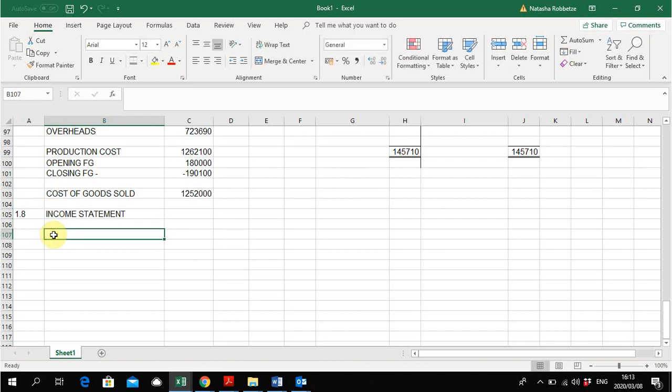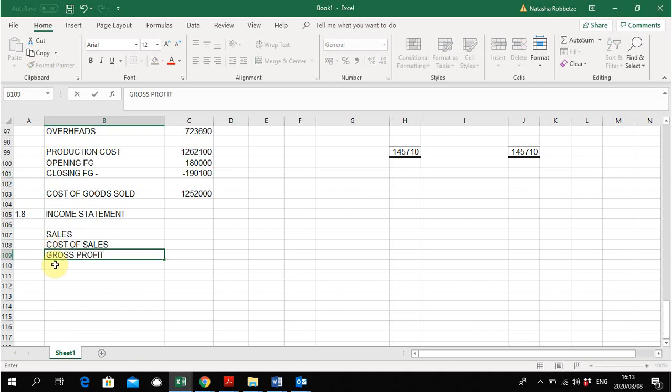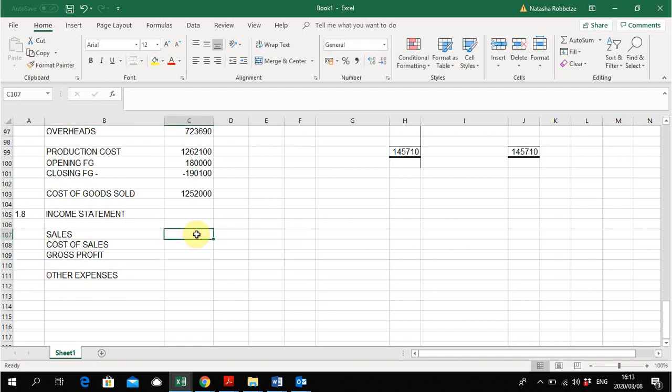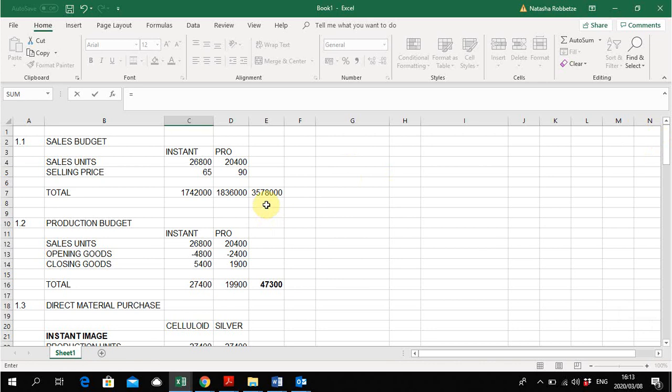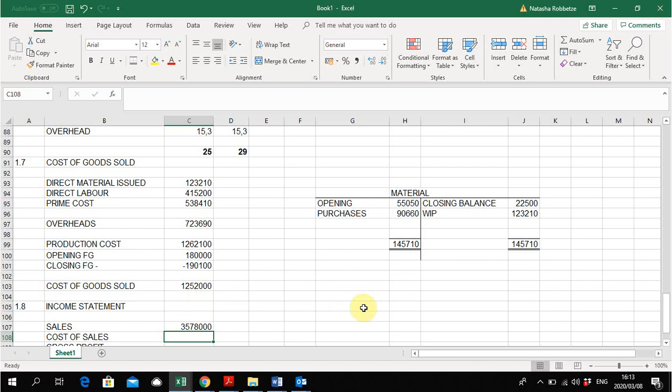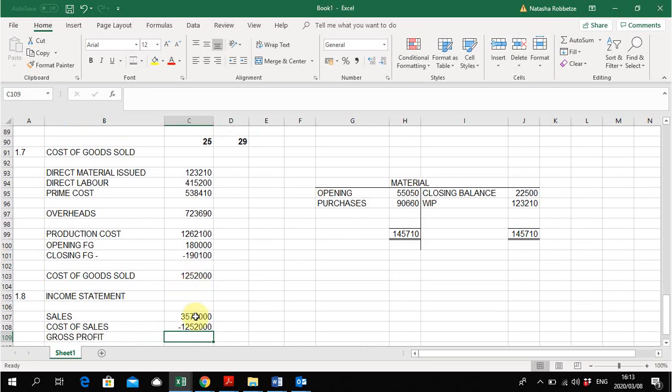Last part is required 1.8, and there we have to do the income statement. So for the income statement, we will have sales less cost of sales. That gives us the gross profit. We will then minus the other expenses. For sales, we will go to the sales budget, and our total sales was 3,578,000. Our cost of sales was the 1,252,000.